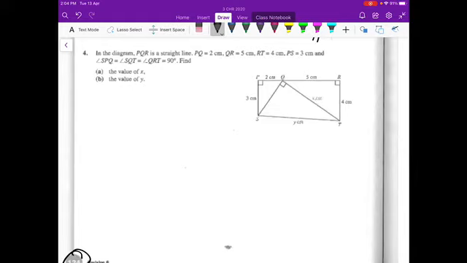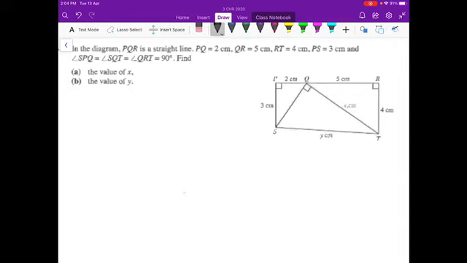And then last week gave us another break. Okay, PQR is a straight line. 254 cm. PS is 3. SQP equal to SQT. Put it straight.